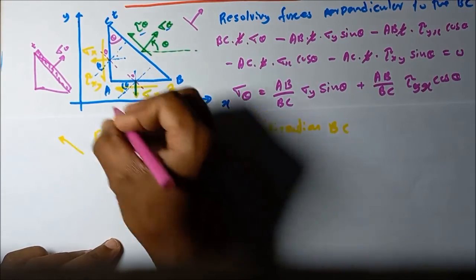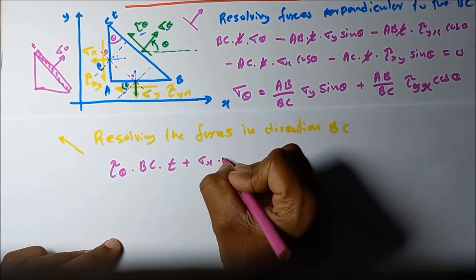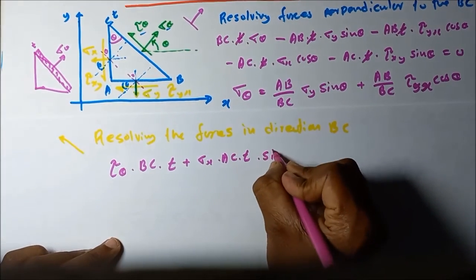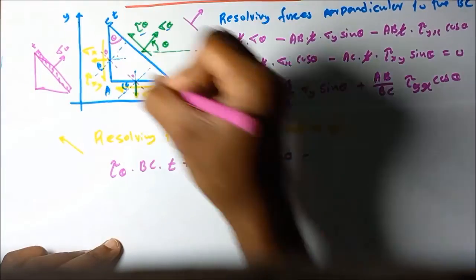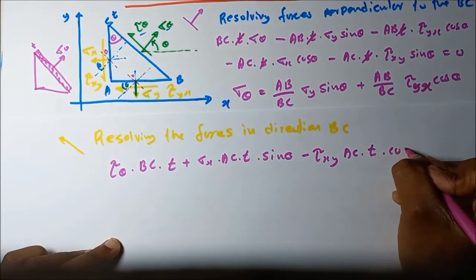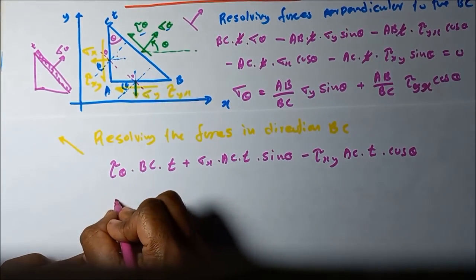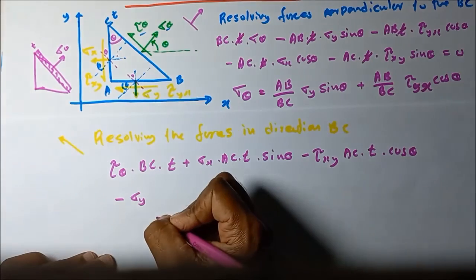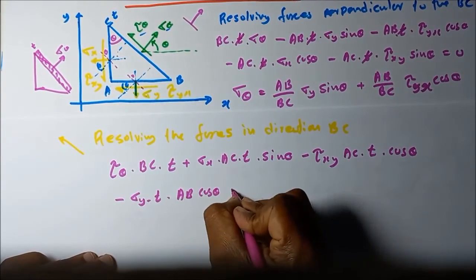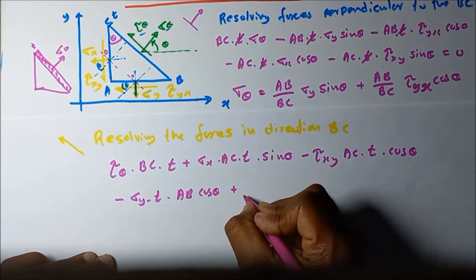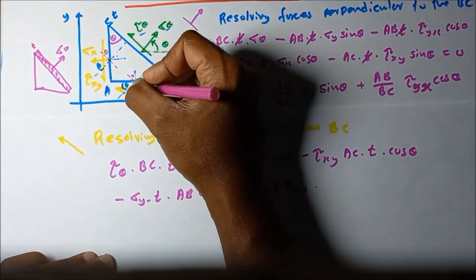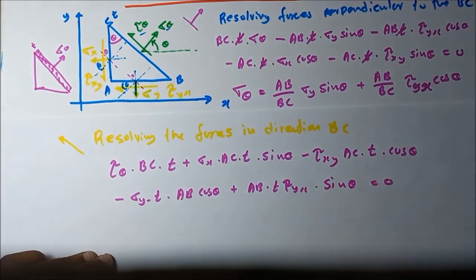Tau theta BC into T, then if we take this one, plus sigma x into AC into T into sin theta, minus tau xy AC into T into cos theta, then minus sigma y because it is acting in the opposite direction, T into AB cos theta, plus shear component AB into T into tau yx into sin theta, is equal to 0.